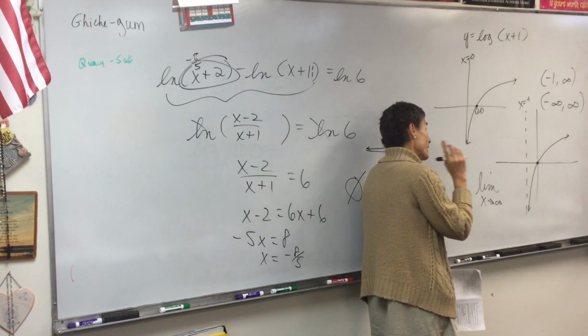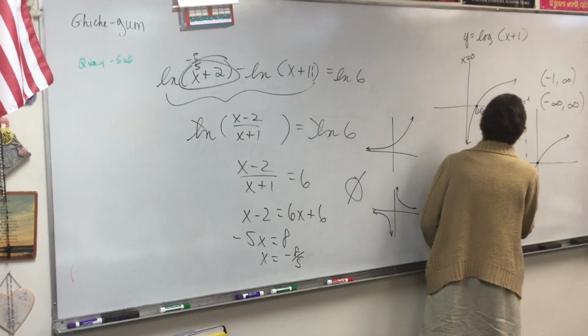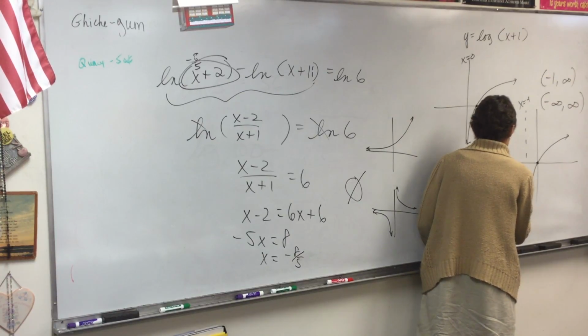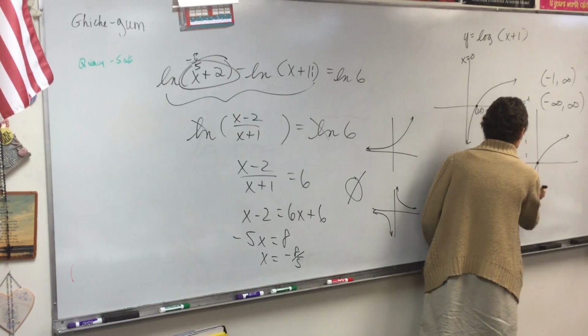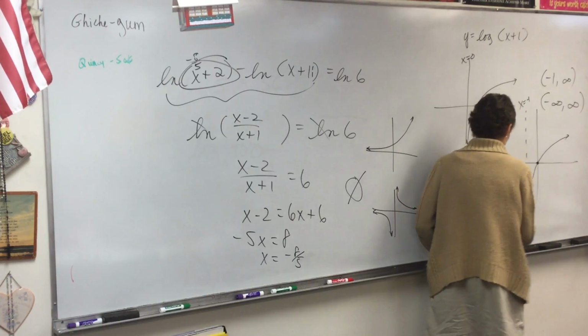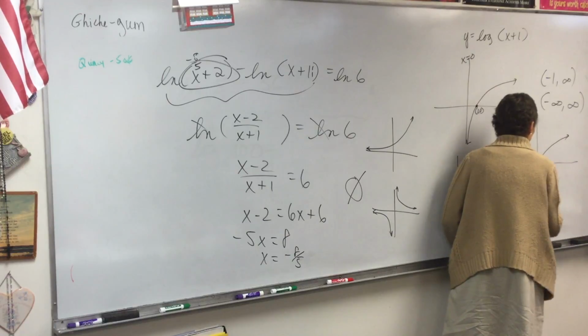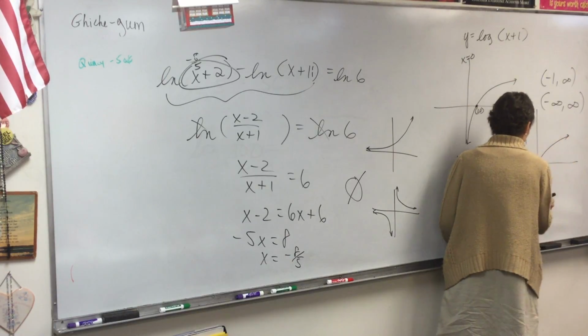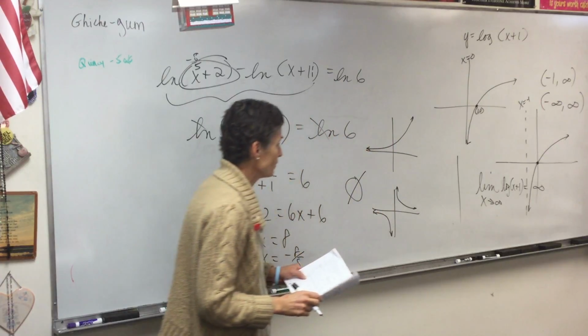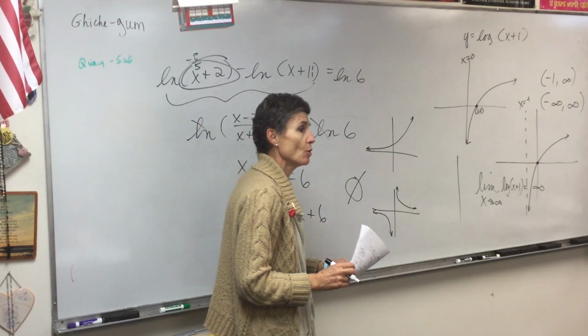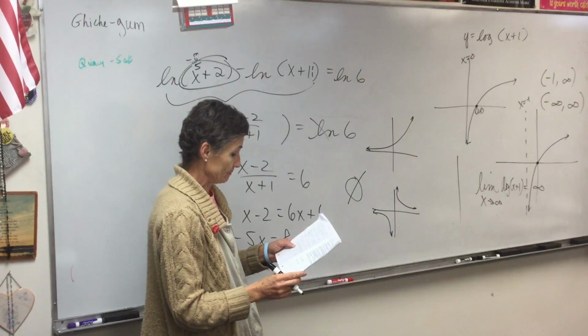So there's really only one end to talk about. And that end is doing what? As we go to the right, as x approaches infinity, what is this curve doing? Increasing. Going up. So its end behavior: as x approaches infinity, so does y.